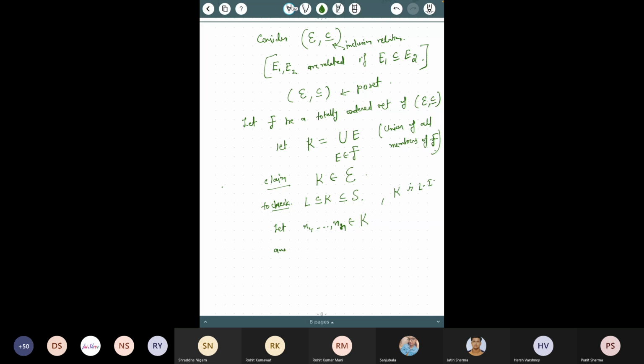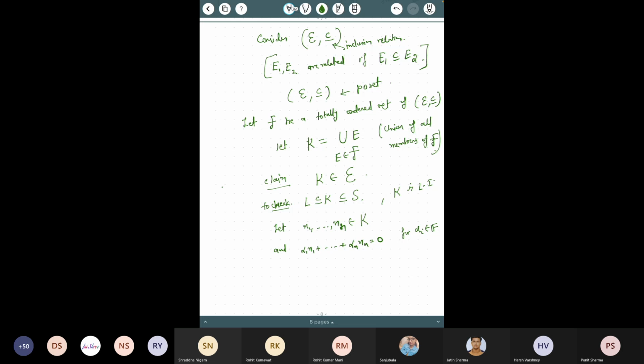I will consider alpha 1 x1 and so on up to alpha n xn equal to 0. Now in order to prove that this is linearly independent, I have to show that these alphas are 0, for each i, right?